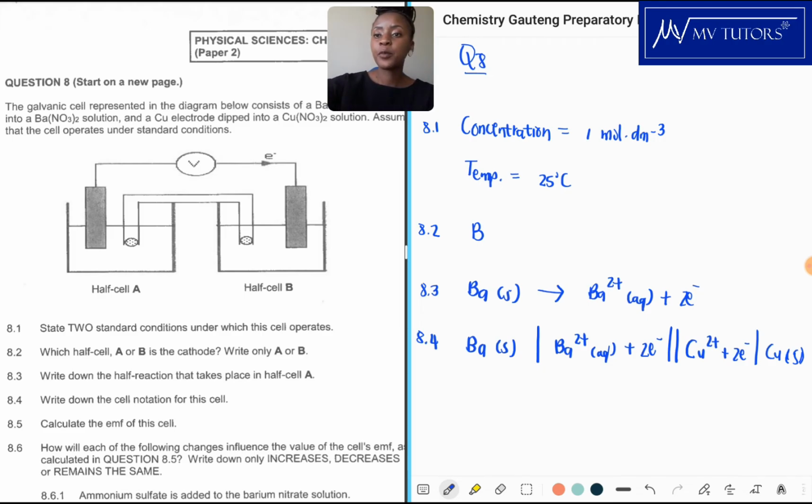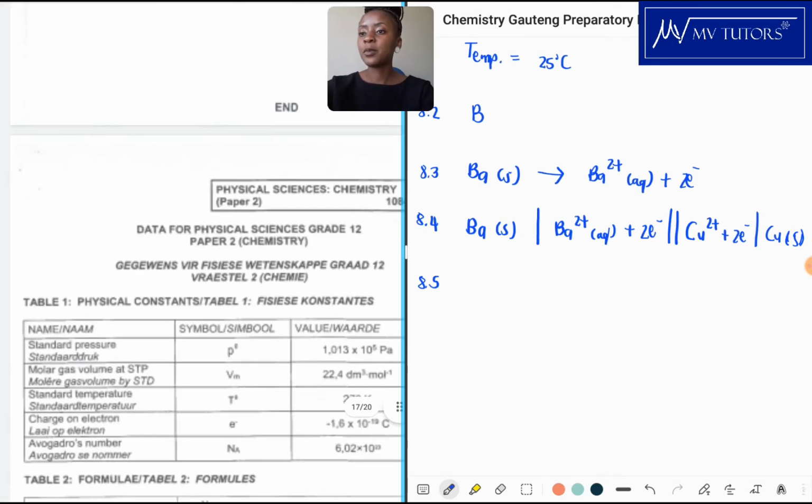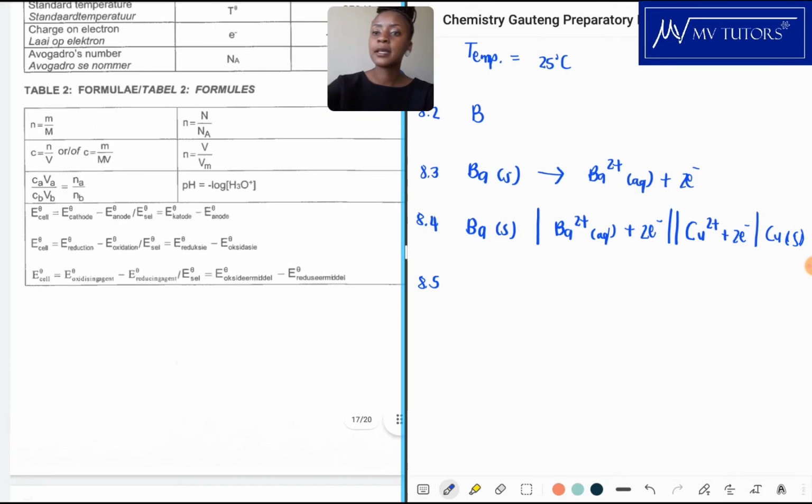Now 8.5, we need to calculate the EMF of the cell. Let's go to our formula sheet. E cell, and you must have that theta there, which illustrates that we're working under standard conditions.